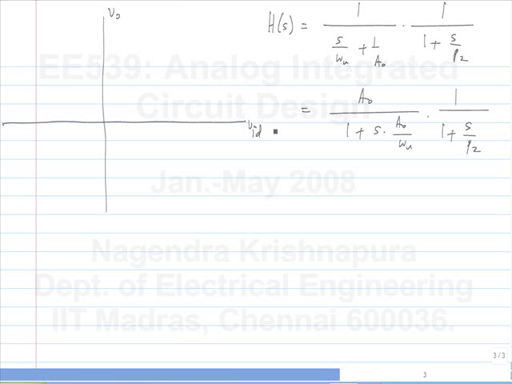It's a straight line with a slope of A0, passing through the origin. Is this clear, or does this need further explanation? I am plotting V0 versus VID, not versus time or frequency or anything. So ideally, these are the DC characteristics.